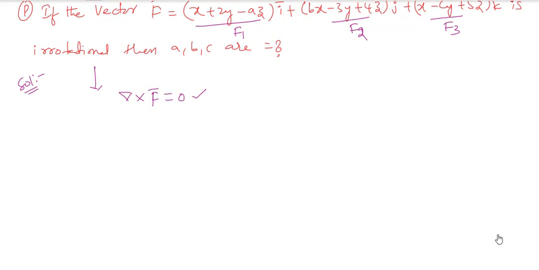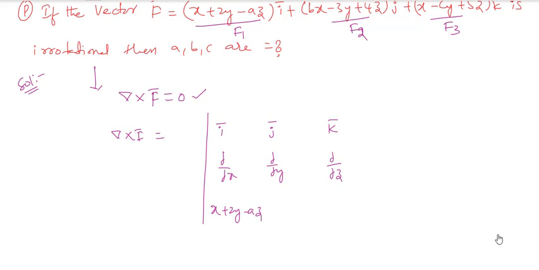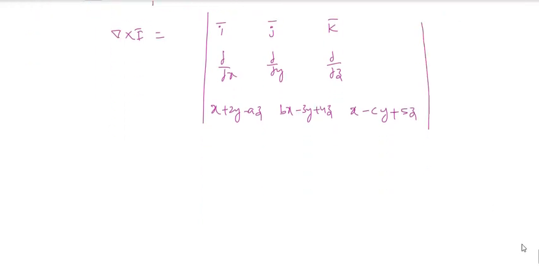Del cross f bar is the determinant with rows i bar, j bar, k bar; dou by dou x, dou by dou y, dou by dou z; and x plus 2y minus az, bx minus 3y plus 4z, x minus cy plus 5z. You have to calculate the determinant and make it equivalent to 0.